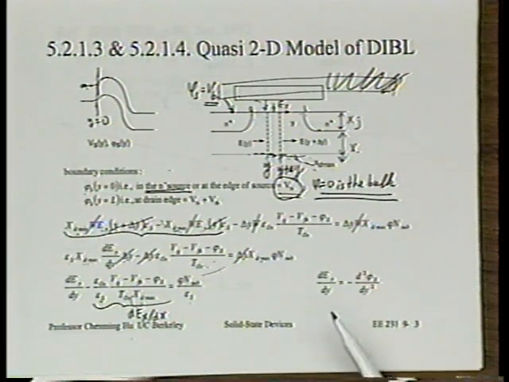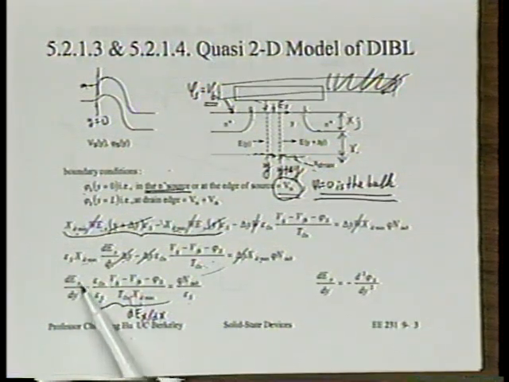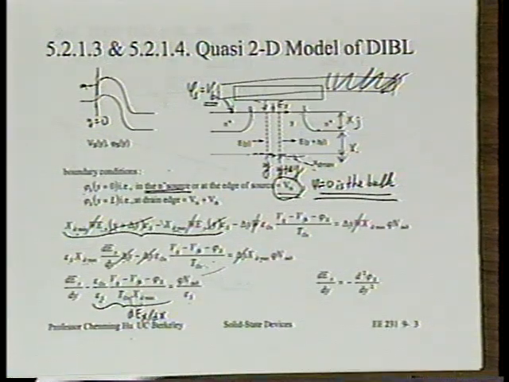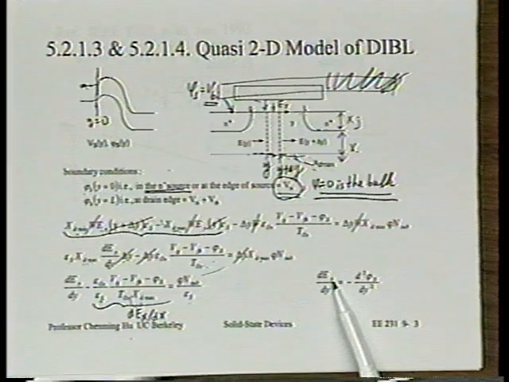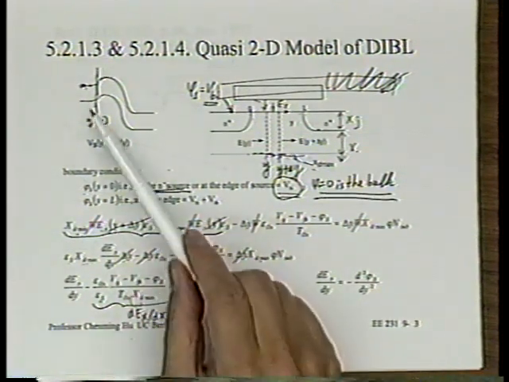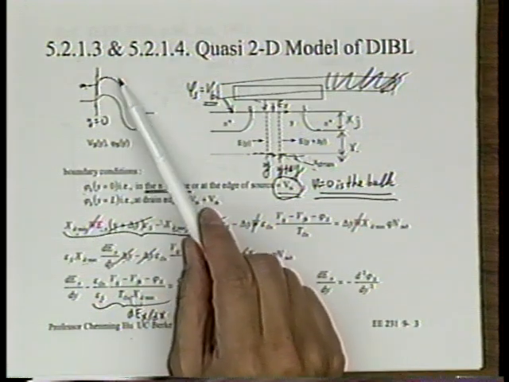The equation is very simple because it really has the form of what? If we change dEy/dy into d squared phi s over dy squared. Can you see this change? Because electric field is the first derivative of phi, dEy/dy is the second derivative of phi. In other words, the slope of this curve is the electric field.